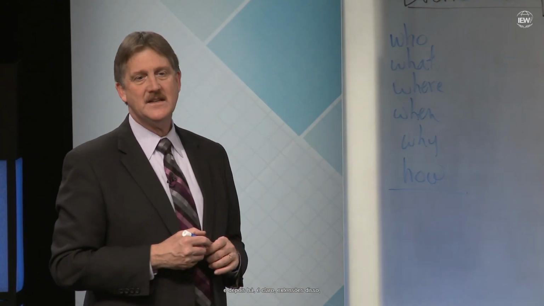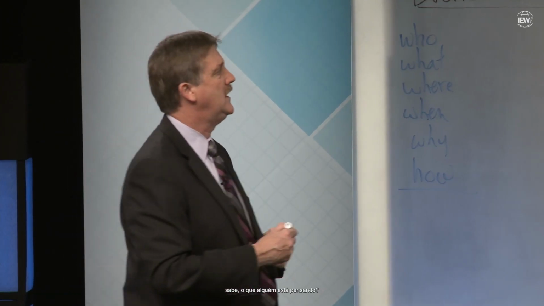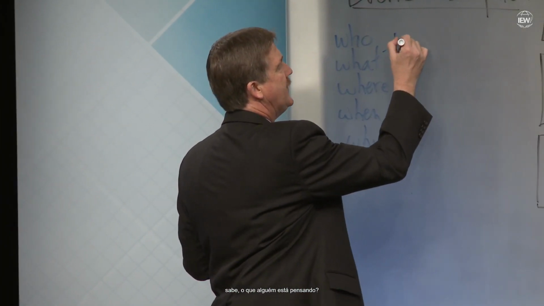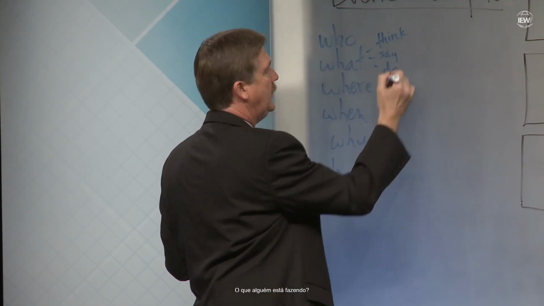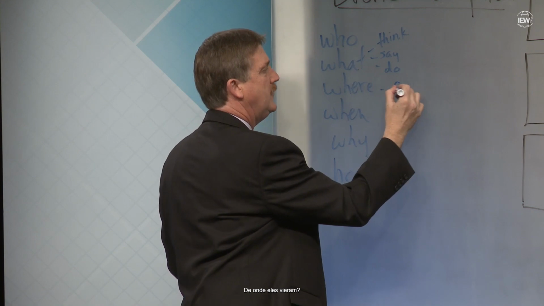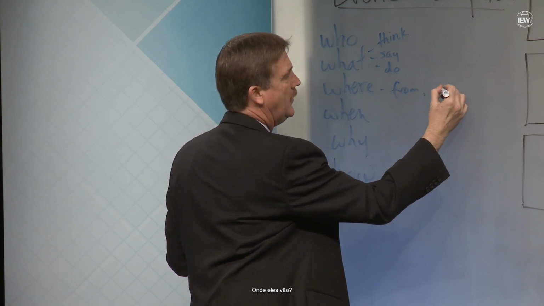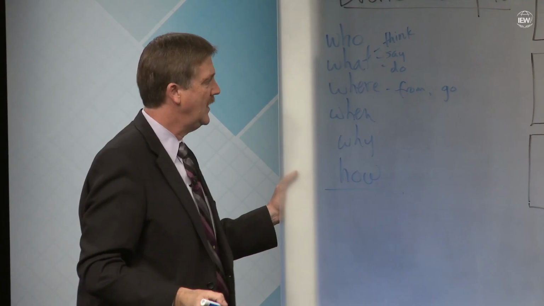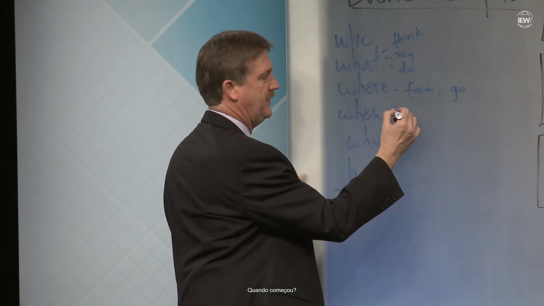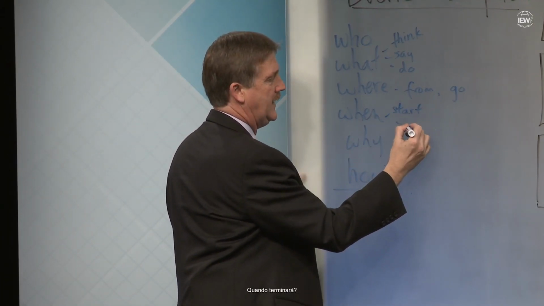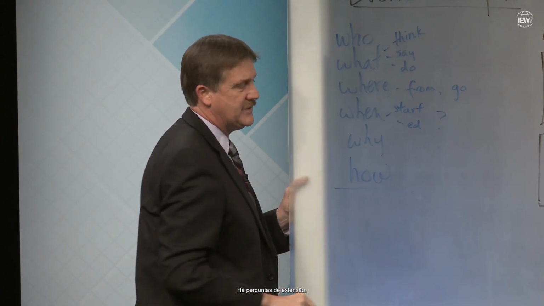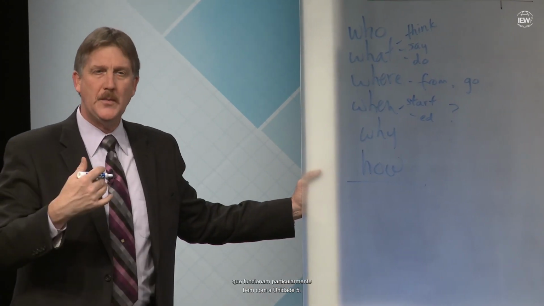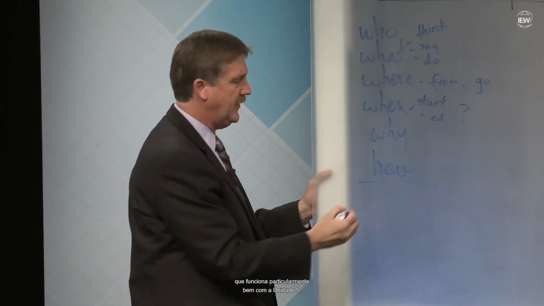And then there's, of course, extensions off these. So, what is someone thinking? What is someone saying? What is someone doing? Where do they come from? Where are they going to? When did it start? When will it end? Right? So there are extension questions. There's also a few questions that work particularly well with Unit 5.